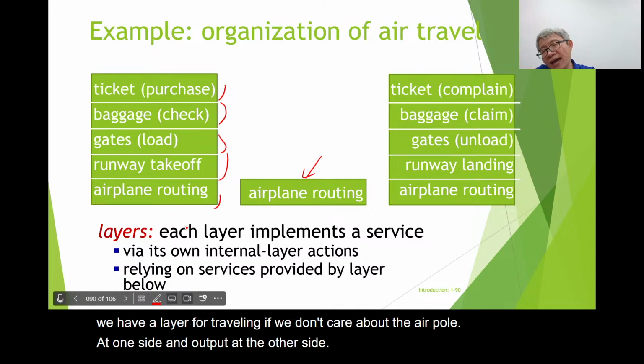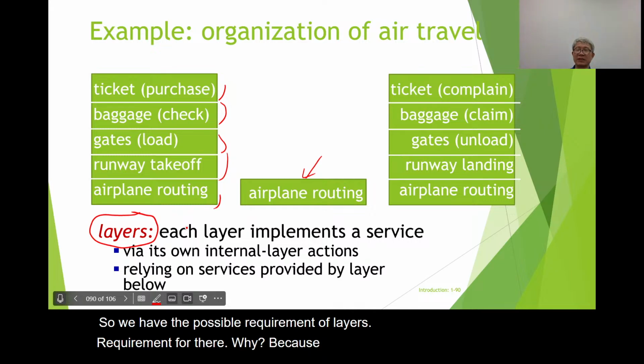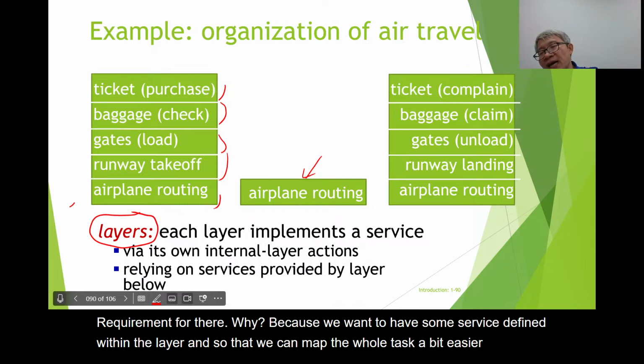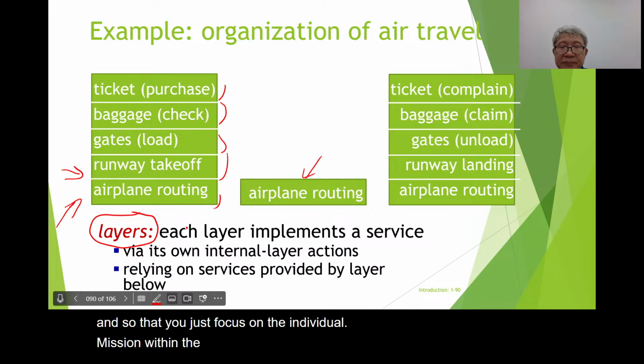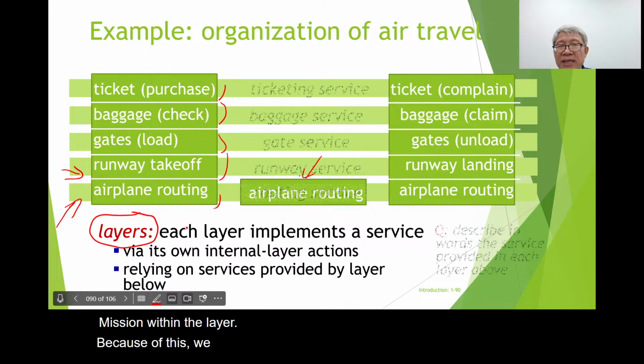Well, so we have the possible requirement of layers. Requirement for layer, why? Because we want to have some service defined within the layer. And so that we can make the whole task a bit easier. And so that you just focus on the individual mission within the layer. Well, because of this, we have the layers here.